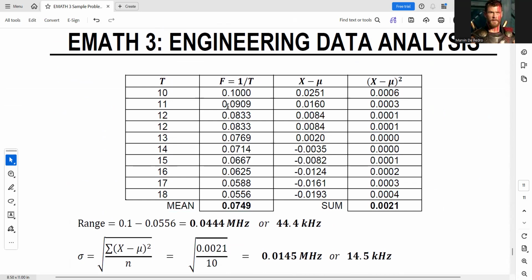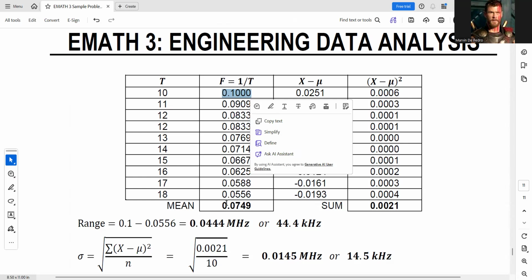So just add them all together and divide by 10, because we have 10 sample points or data points. Our mean is 0.0749.